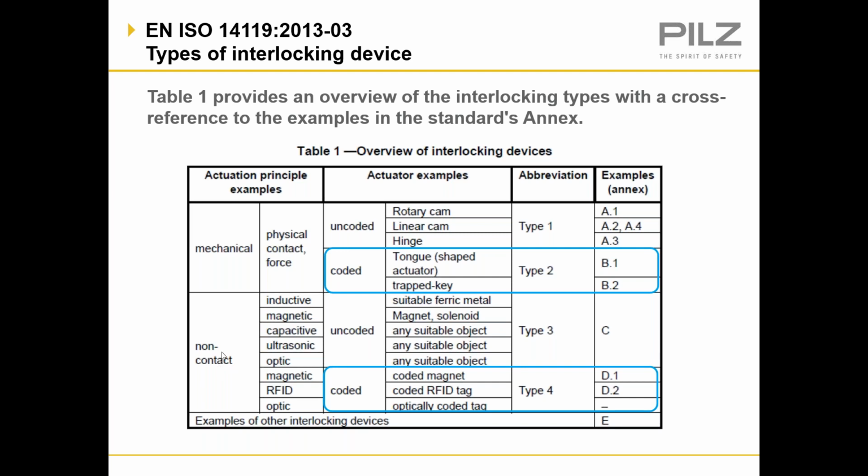They can be non-contact, so by that the principle would then be inductive, magnetic, capacitive, ultrasonic, optic, and they're all uncoded, and type 3. Or they would be magnetic, RFID, or optic, and they can be coded and classed as type 4.